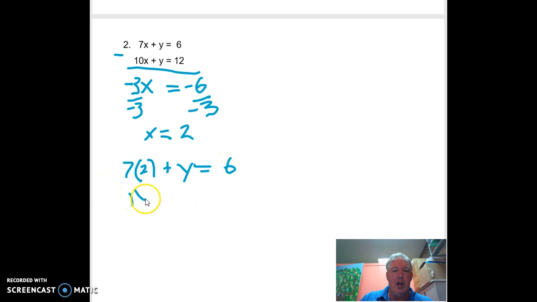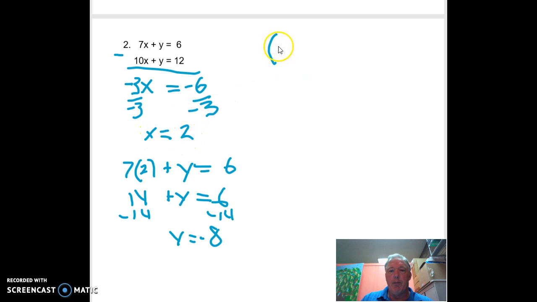We have 14, which is 7 times 2, plus y, and that is equal to 6. Subtract 14 on both sides, and in this case we see that y is equal to negative 8. So we write our solution like we did before. We write the x number first: 2, negative 8, just like a point on a graph.